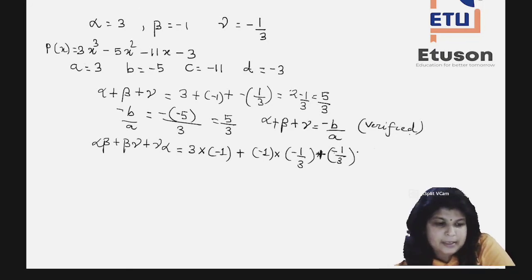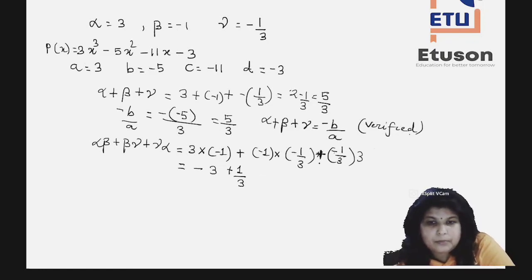What is alpha? 3. Okay. So solve this. Minus 3, minus 1 by 3 into 3 is minus 1, plus 1 by 3. Correct? So what does your answer come to? The answer is minus 9 plus 1 minus 3 divided by 3. So the answer is minus 11 by 3.